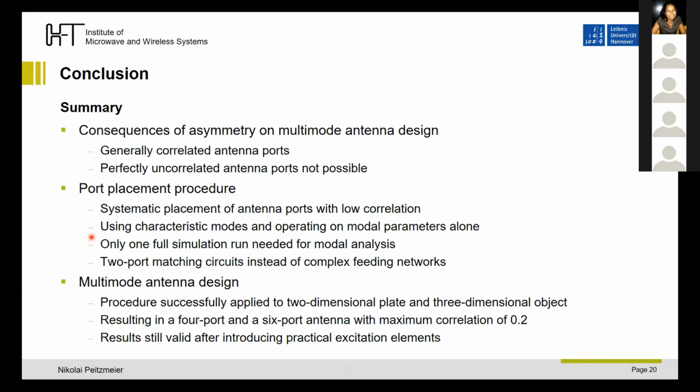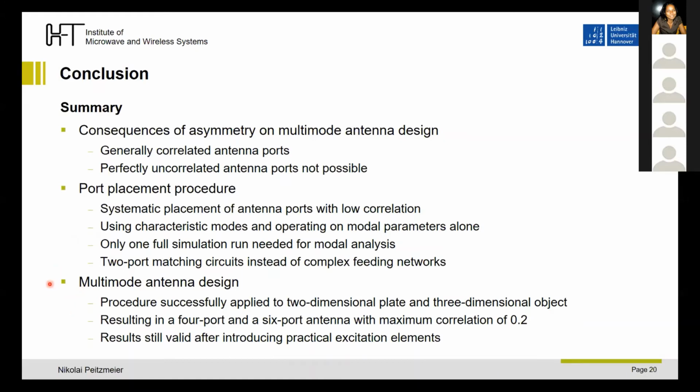And then it works on the modal parameters alone. Another advantage is that we only have one feed point per antenna port, and we only need 2-port matching circuits instead of the complex feeding networks in the symmetry-centered design approach.